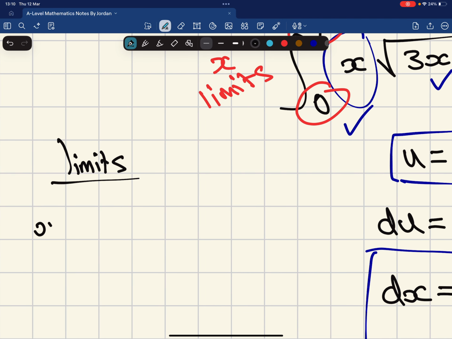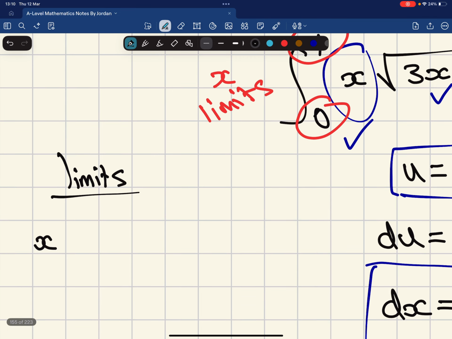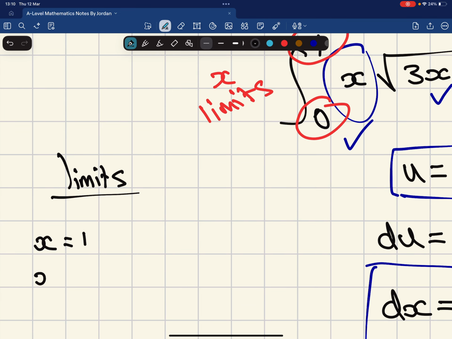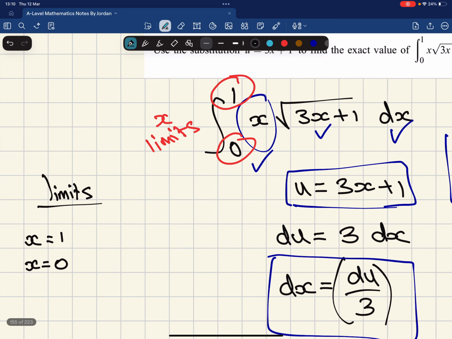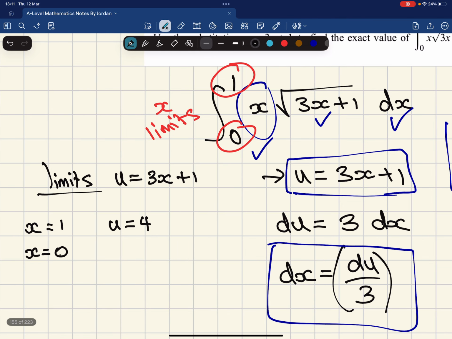So if we just write the x limits, we have x equals 1 and x equals 0. Now all you need to do is use your substitution for u. So u would be times an x by 3 and adding 1. So if I do 3 times 1, that's 3, add 1 is 4. So u here is 4. And here 3 times by 0 is nothing, add 1 gives us 1. So these are the new limits we need to use if we are doing it in terms of u.